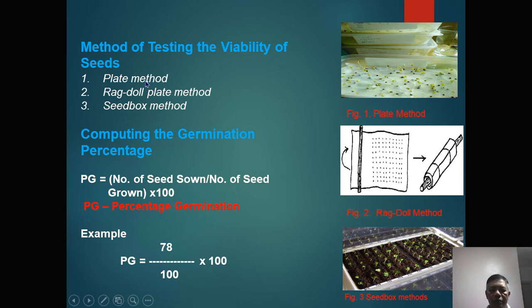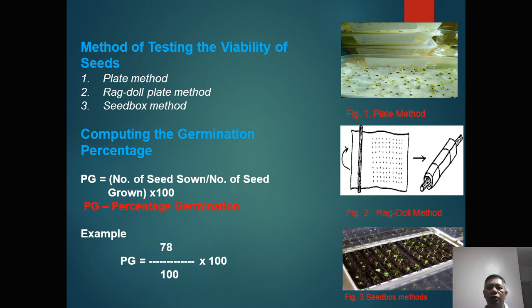The plate method. This is the utilization of a plate. What is commonly done by farmers, or even myself, I do this. I get a plate, then I get a tissue paper, and I place the seeds at a desired number. Then I pour water just enough to wet the tissue paper.